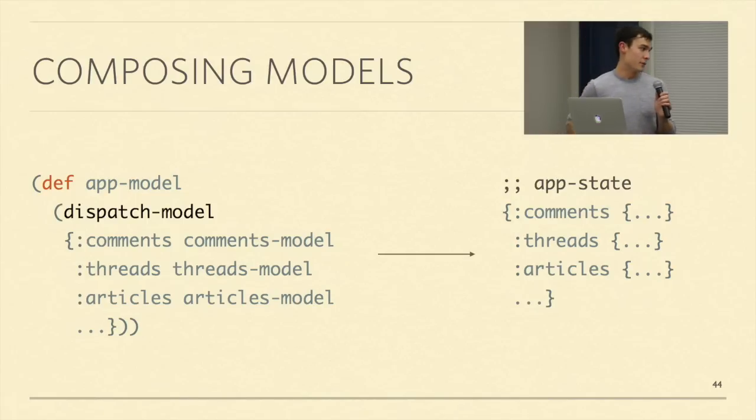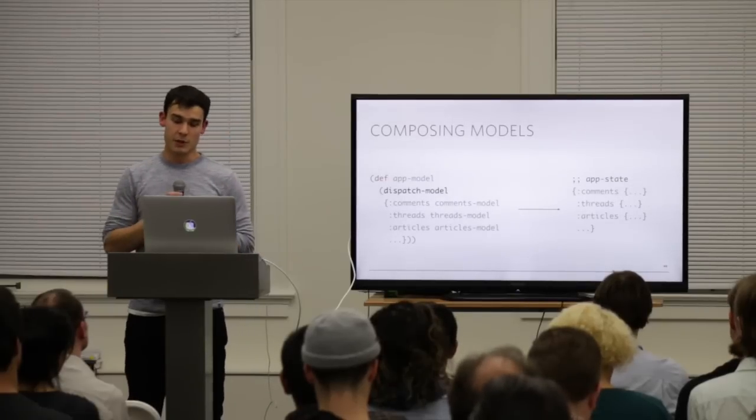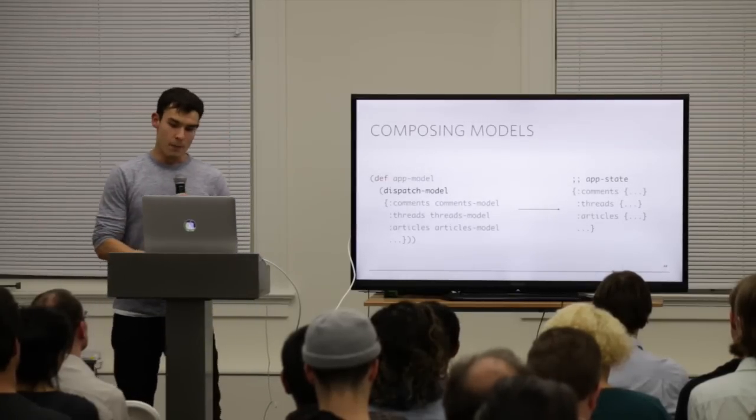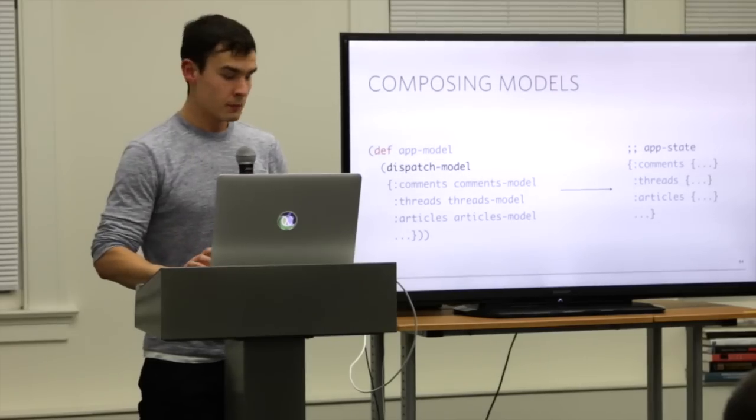So we have a comments model, a threads model, an articles model, and so on. What that actually looks like on the other side is the comment state, the thread state, and the article state that those individual things manage. These abstractions are pretty easy to build on top of protocols, and they compose pretty well.